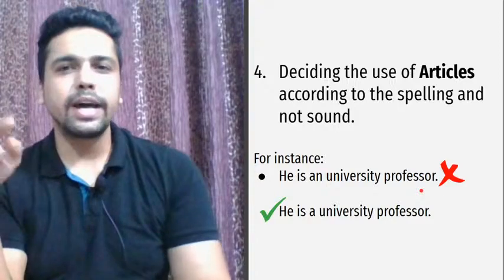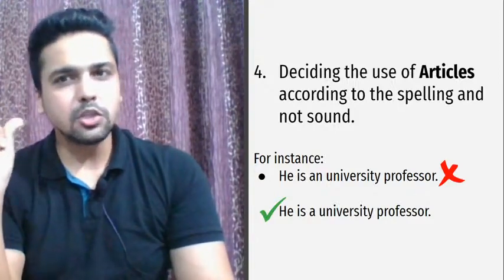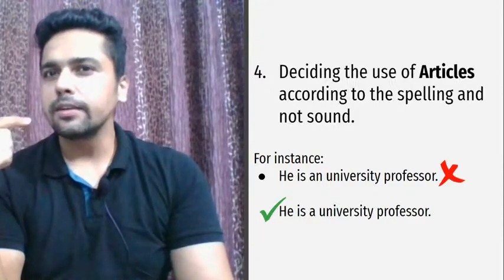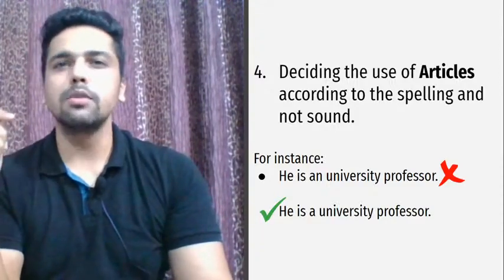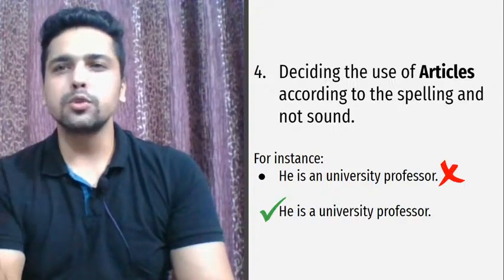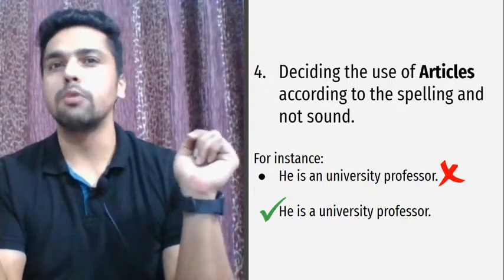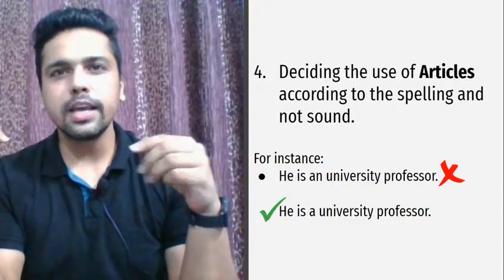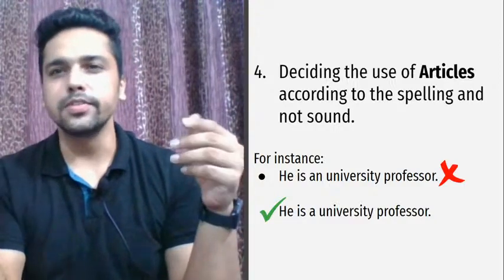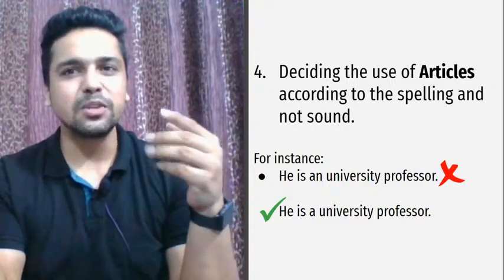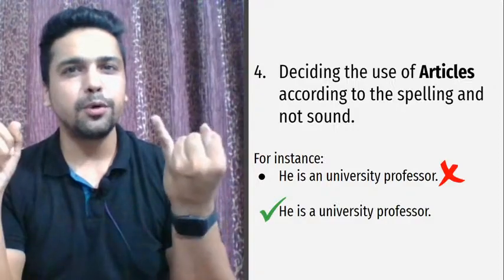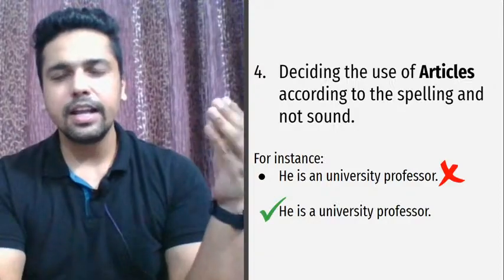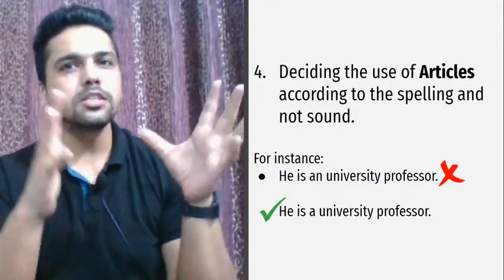Now let's understand why we make this mistake. See, in English we have 26 letters, A to Z. But out of those 26 letters, we can produce 44 sounds in English. For those who did not know this, there are 44 sounds in English. जैसे हिंदी में we say स्वर and व्यंजन. Similarly, in English we say vowels and consonants. So these are sounds basically. These five vowels, as we all know, are A, E, I, O, U, and the remaining letters are the consonant letters. ये तो letters की बात होगी.